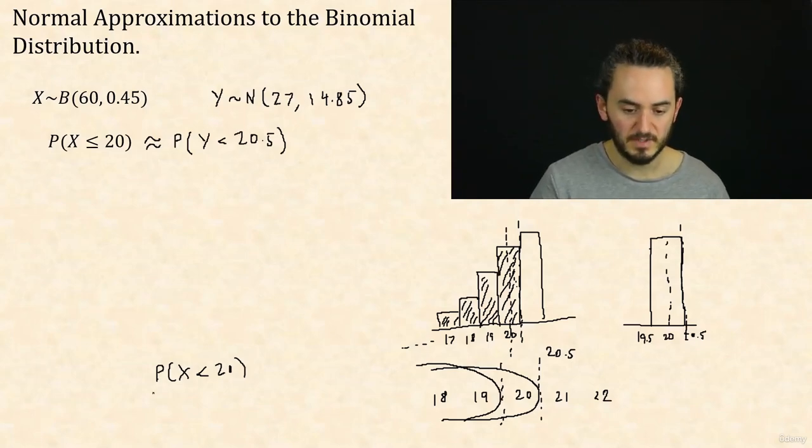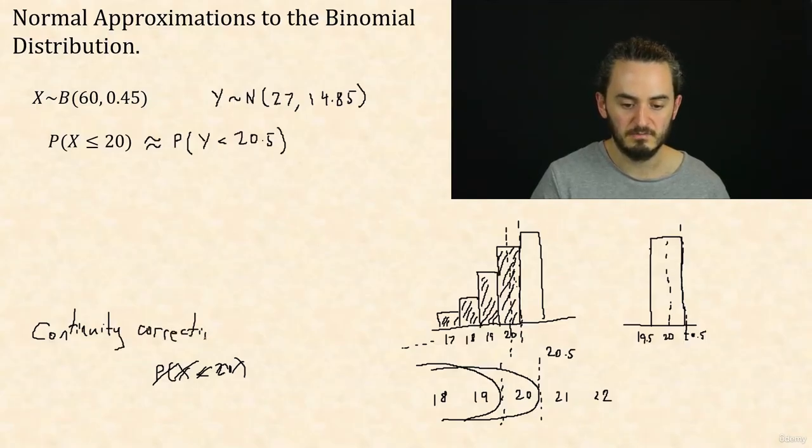This technique that we've done here, where we bump it up or down 0.5, is called a continuity correction. Probably the most common reason for going wrong in these questions is just not doing it. And if you don't do it, it goes wrong.